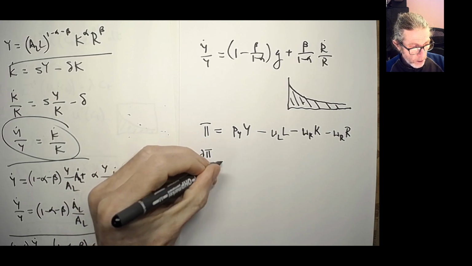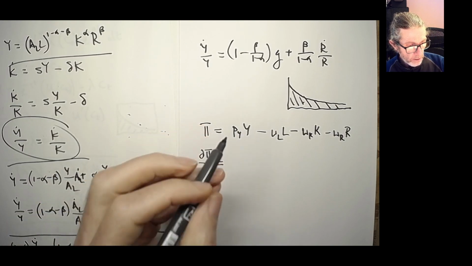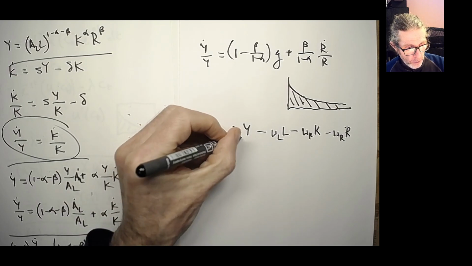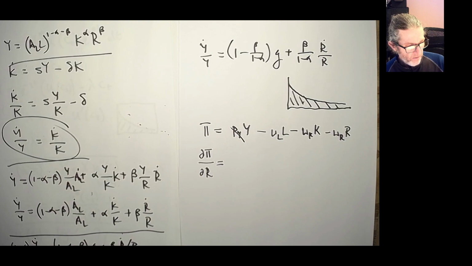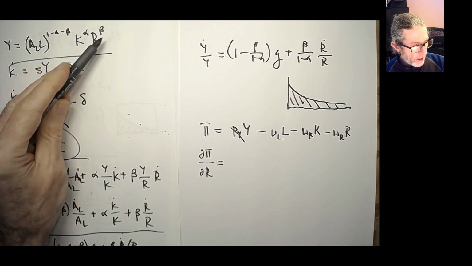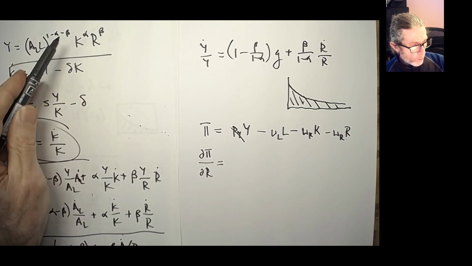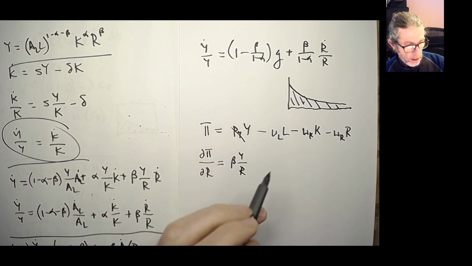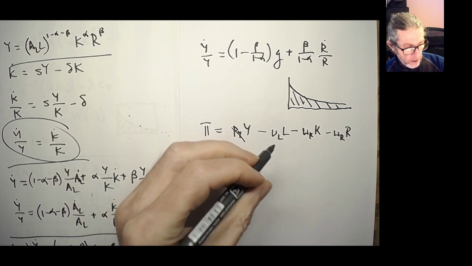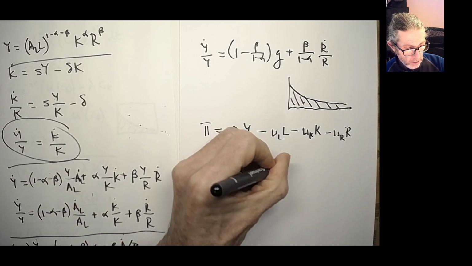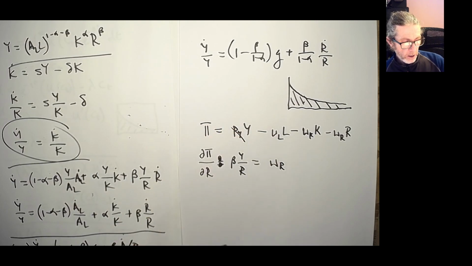So we go d pi by dr is, and by the way, PY we just normalize to 1, right? PY, that's the price of, like, hammers or whatever, and we normalize that to 1, so we can skip that. d pi by dr is dy by dr, so if we go back here, it's beta times y over r. No r's here, minus WR, so if we put a colon here, we can save some ink and write like that. Beta y over r equals WR.